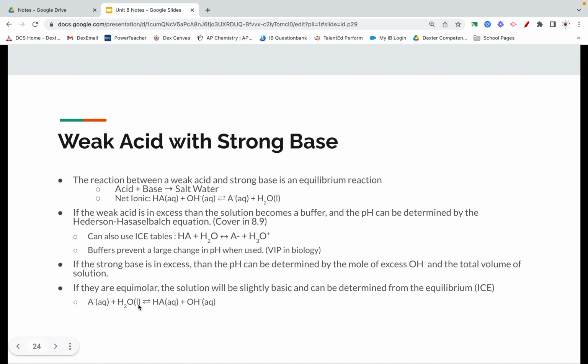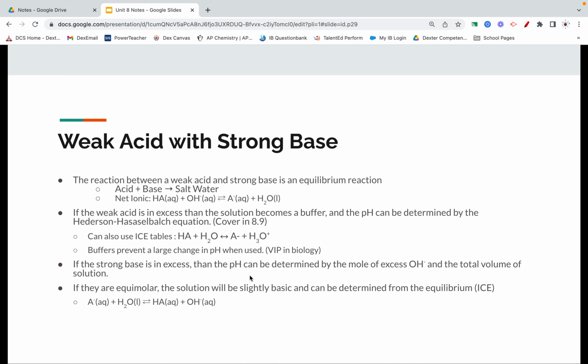And finally, if they're equimolar, we're still going to have this equilibrium, but the focus instead is going to be on the base, because the strong base is going to push our reaction towards the base, because it dissociates completely, whereas our acid is not going to.